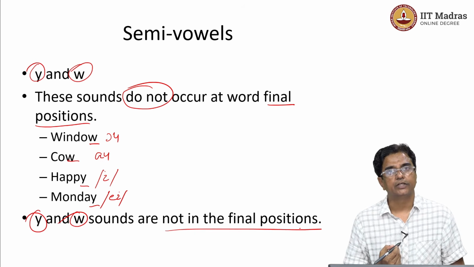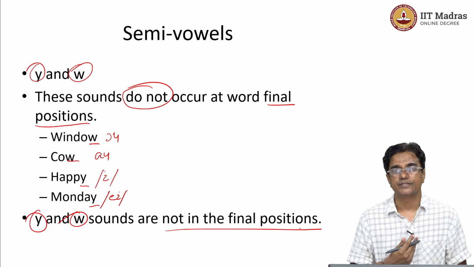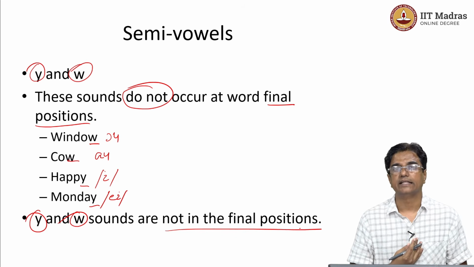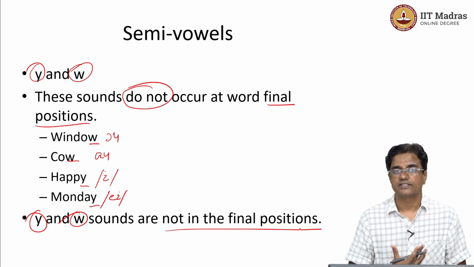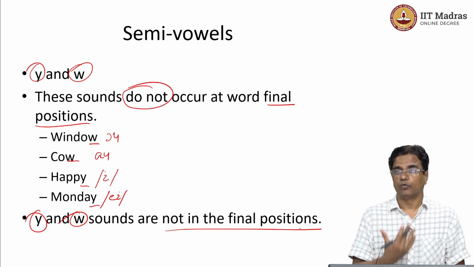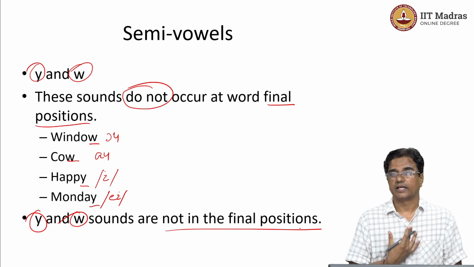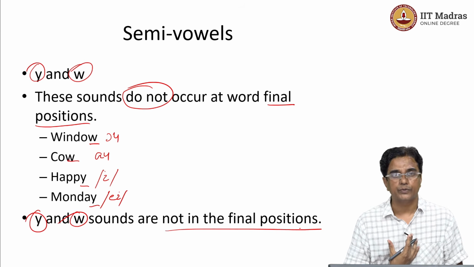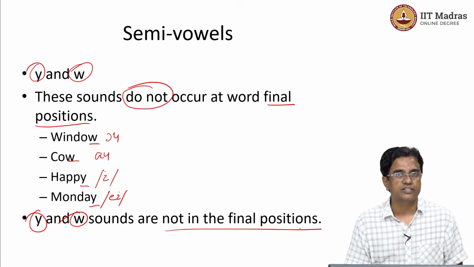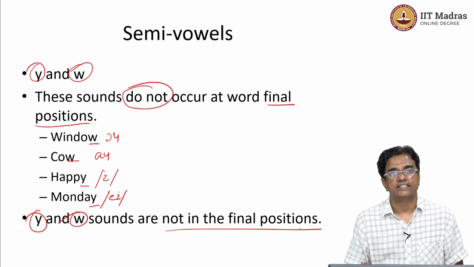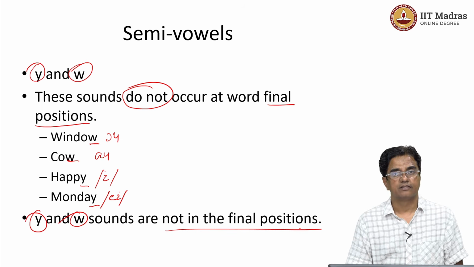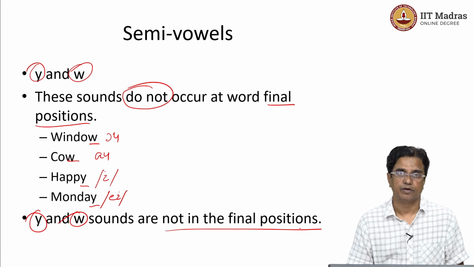You know that they are not syllabic, because for making a syllable they need another vowel, and therefore they are called semi-vowel sounds, not full vowels. For their production, they can be produced without much obstruction in the oral tract, and therefore they sound like a vowel, and still, because they are non-syllabic, they are called semi-vowels.